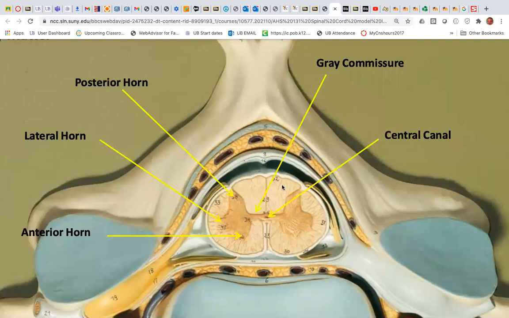Myelin is a type of fat, a type of cholesterol, that protects and insulates the nervous system. This is all white matter on the outside, and the butterfly-looking structure, or looks like a letter H in the center, is not myelinated. And when it's not myelinated, we say it's gray matter. So gray matter is everything that looks like the butterfly.